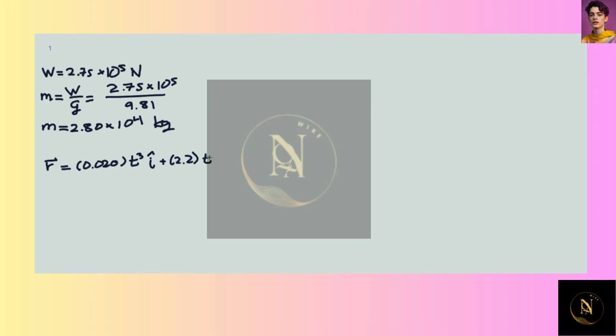We have 2.2 t j hat over here, and then, oh, sorry, that's a minus sign, 0.060 t squared k. We basically just do calculus to this, taking two time derivatives to find the acceleration, so that we can multiply it by the mass we just solved for in order to get the force.